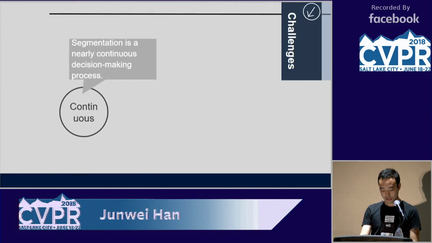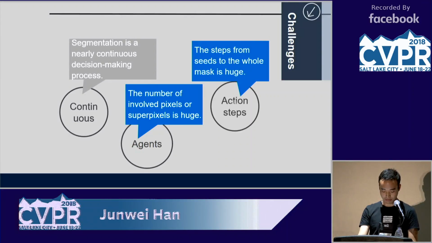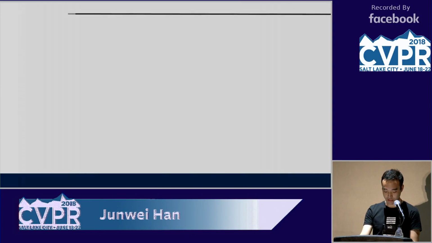However, learning agents for segmentation is nontrivial because segmentation is a nearly continuous decision-making process, while the number of the involved agents or action steps from the beginning seeds to the whole object mask might be incredibly huge.